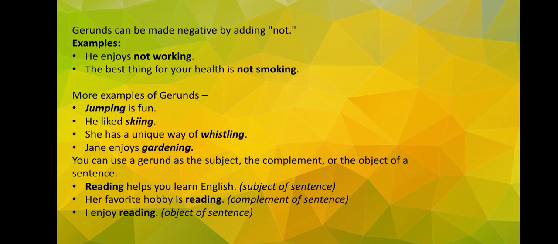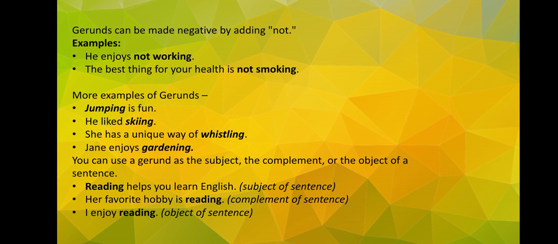And if you take a few more examples of gerund, you could see here how it resembles a noun. Jumping is fun. He likes skiing. She has a unique way of whistling. Jane enjoys gardening. Here, everything just resembles the noun.